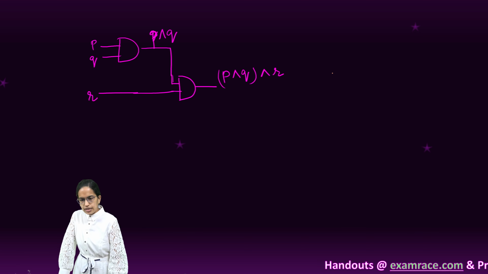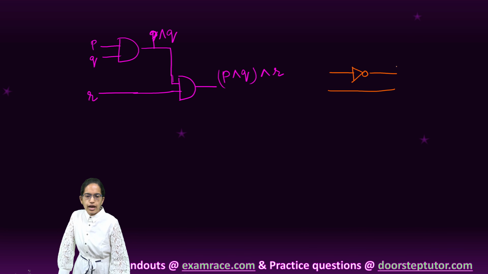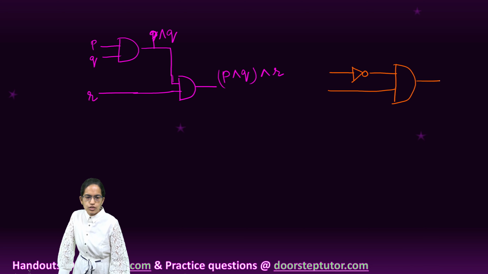Let me take another example. I have NOT connected here, and then I have an AND connected. So how would I represent this?